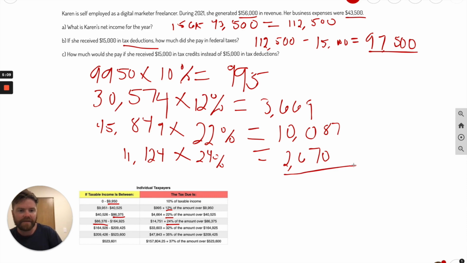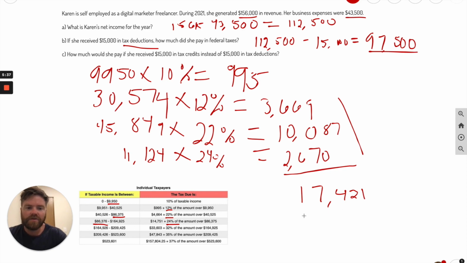Now we add all these up. I'm actually going from the bottom. So I did 2670 plus 10087 plus 3669 plus 995. And there we go. So this is an important number. We're going to go ahead and save it. 17,421. Let me make sure I have this correct.